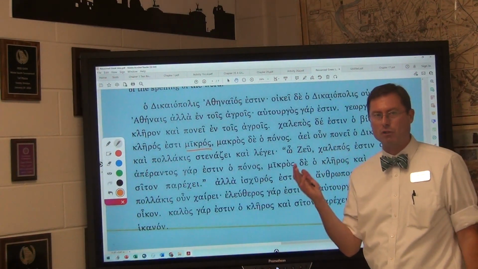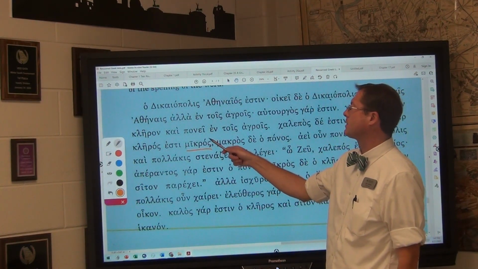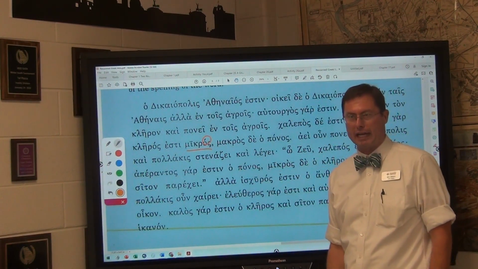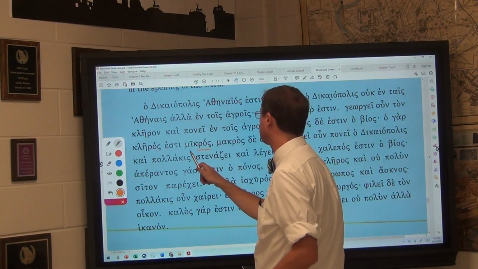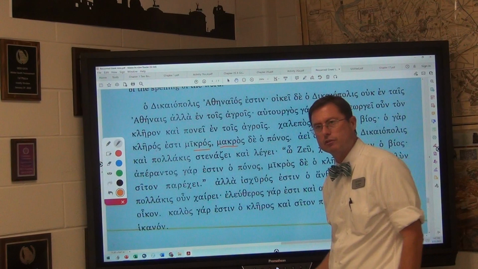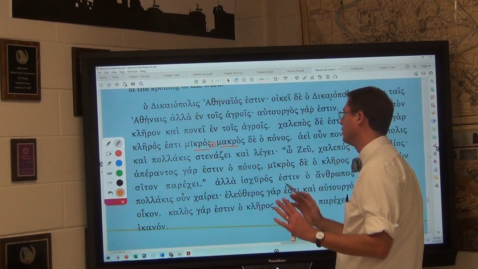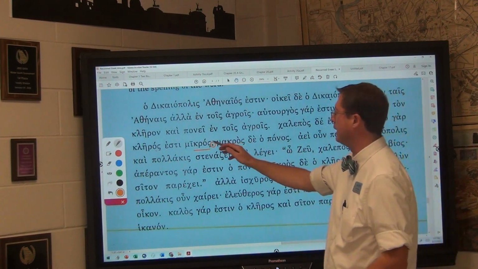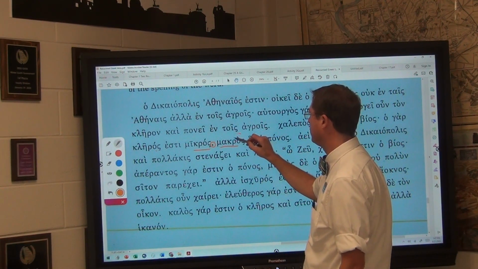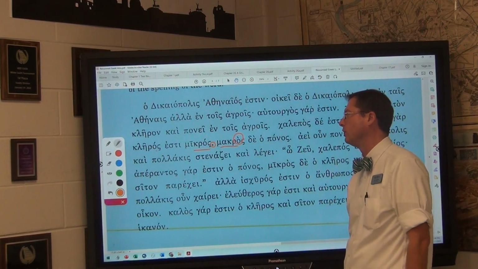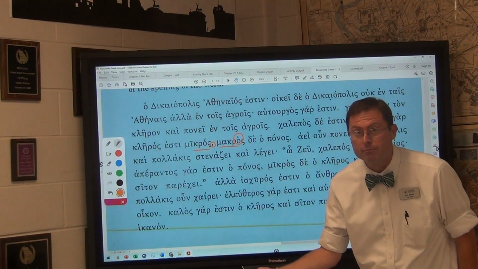That accent is allowed to stay an acute accent because what do you have between mikros and macros? A comma. And since there is intervening punctuation, it will obviously stay as an acute. But when we look at, obviously, the exact same situation on the next word, let's do say it everybody, macros.